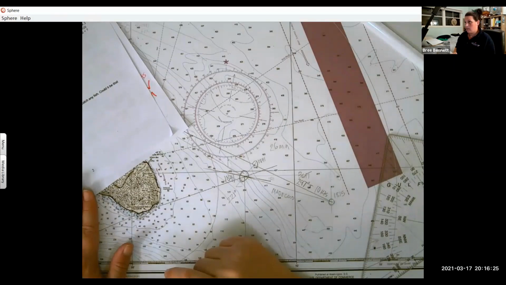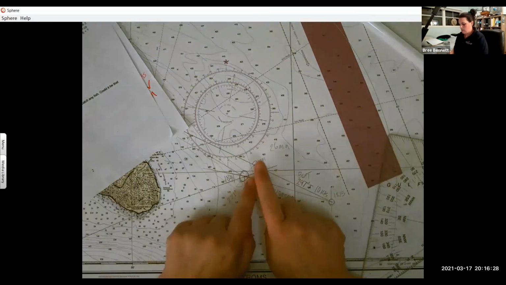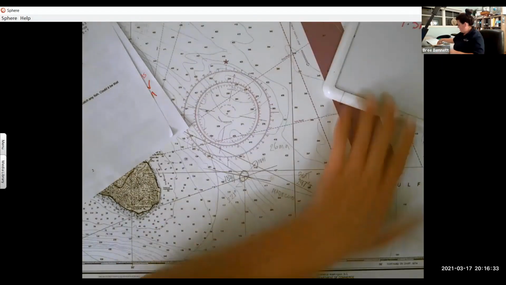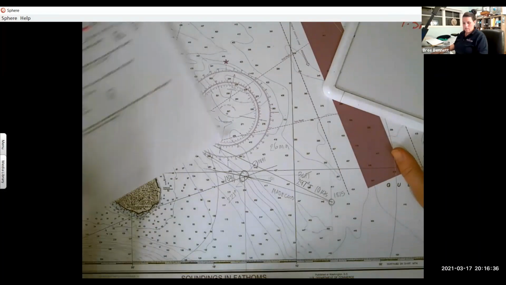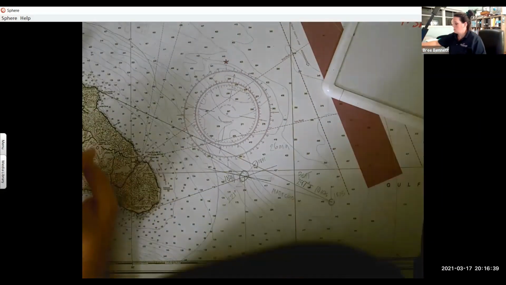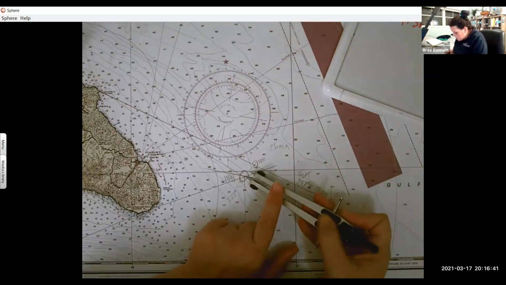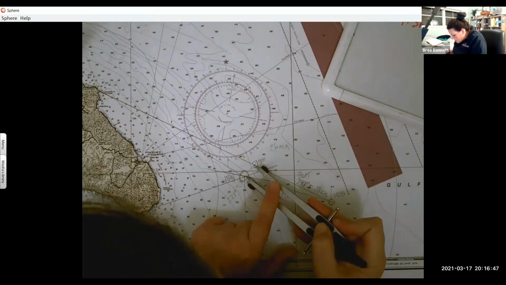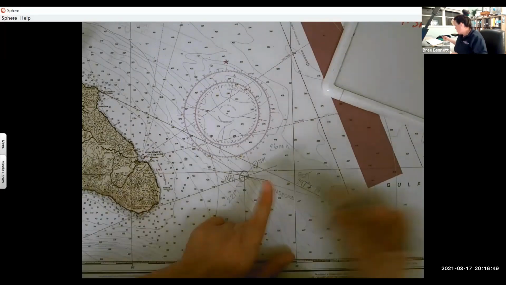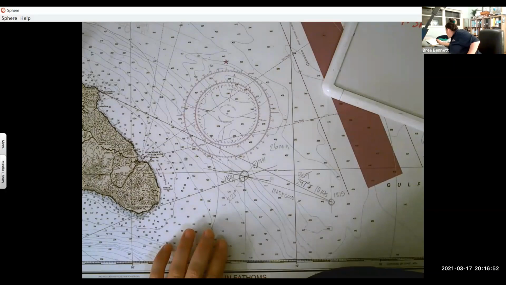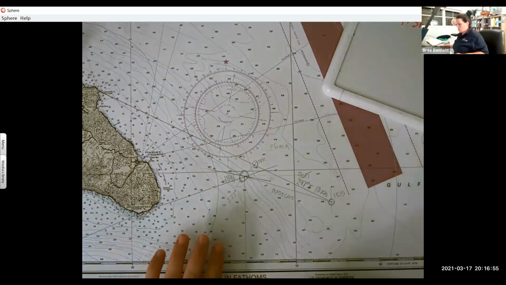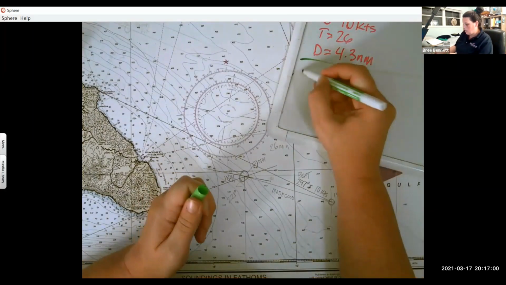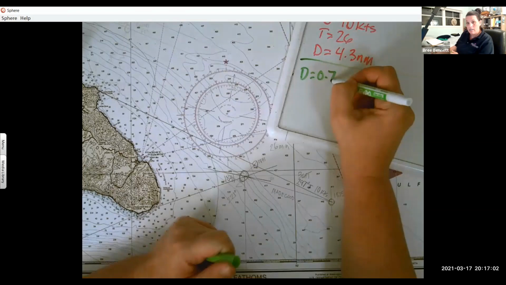Is that making sense so far? So then I want to calculate what the speed of my current is. So I'm going to see what my distance. Here's my dividers. So the distance the current pushed me in 26 minutes, I got a distance of 0.7.